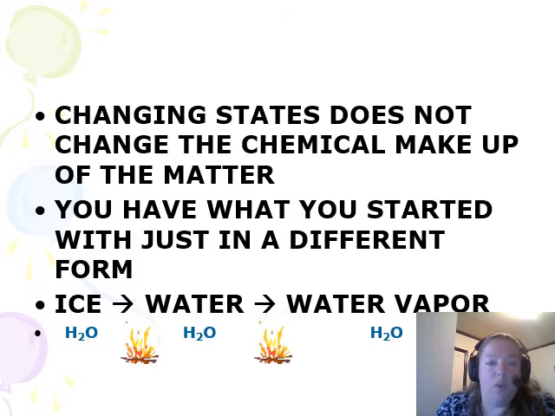You have what you started with, just in a different form. So if you started with ice, that's H2O. You melted it and got water, that's H2O. You heated it and got water vapor, guess what? That's H2O.